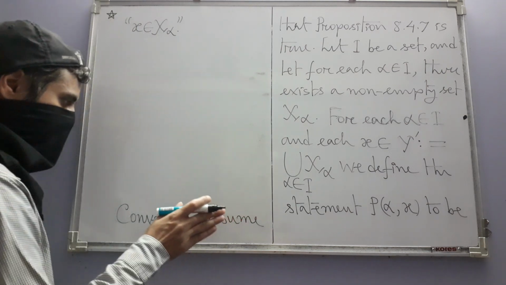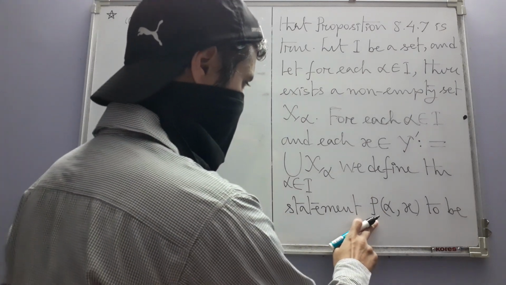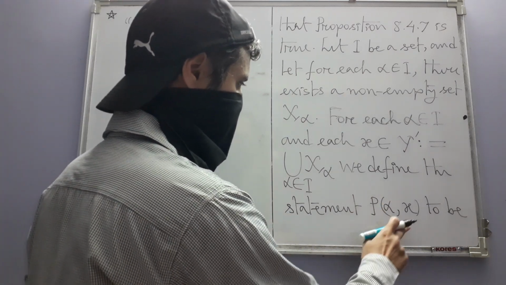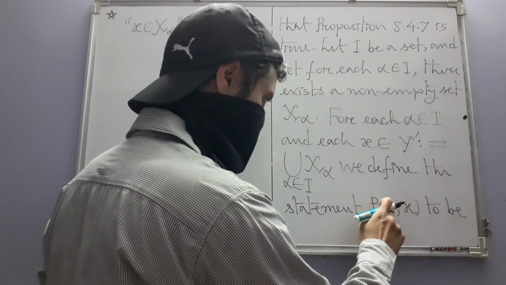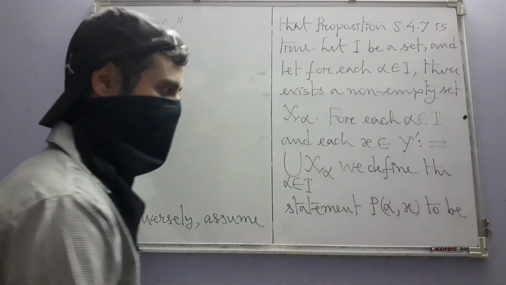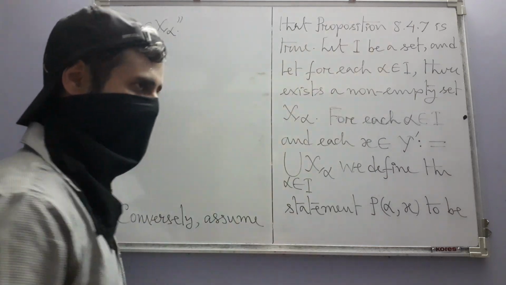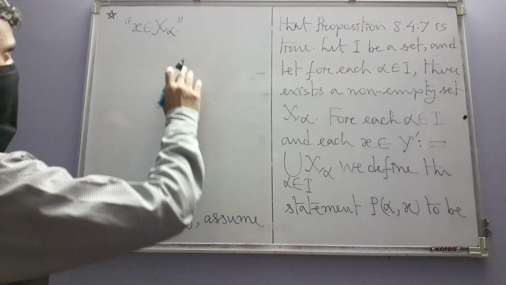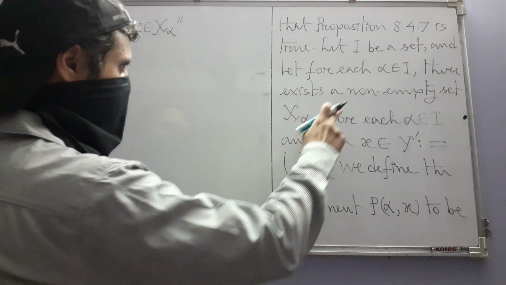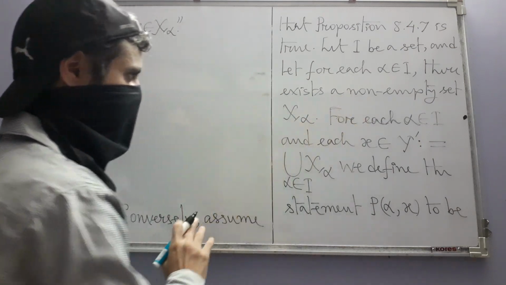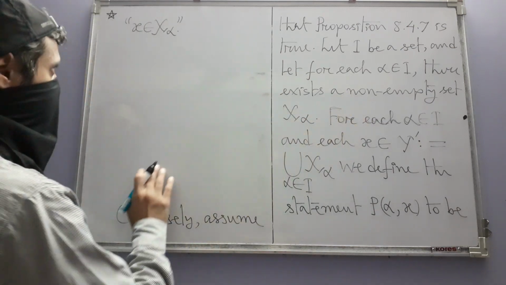Now the thing that we have to verify for P is whether we have at least one X for each alpha such that this statement is true, because then we will be able to apply proposition 847. And this is where non-emptiness of the X alphas will play a role.